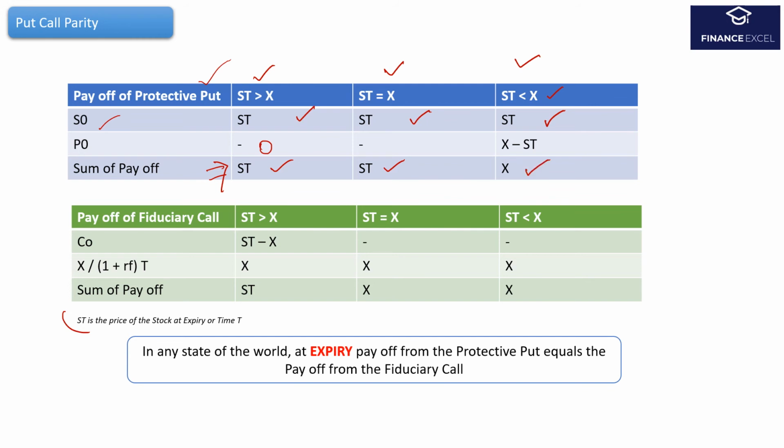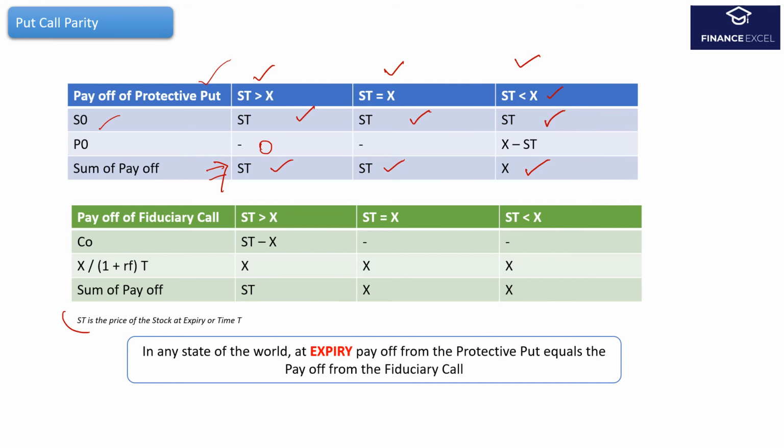And similarly, what should be the payoff of a fiduciary call? I will not exercise the call option when ST equals X or ST is less than X. I shall only exercise the call when ST is greater than X, because it's only when ST is greater than X that I would have a positive payoff.